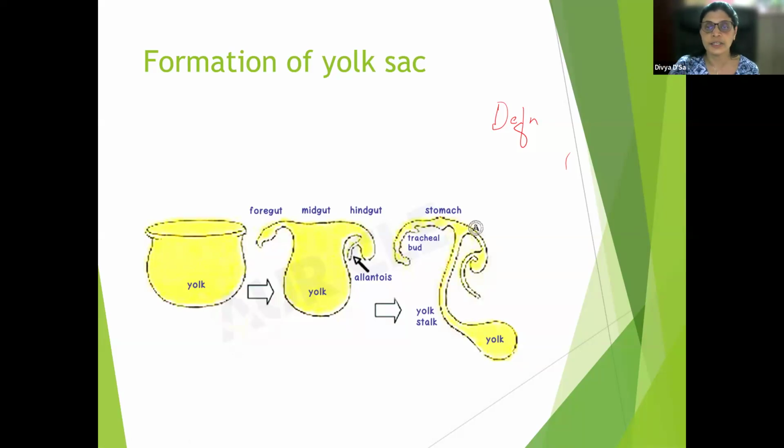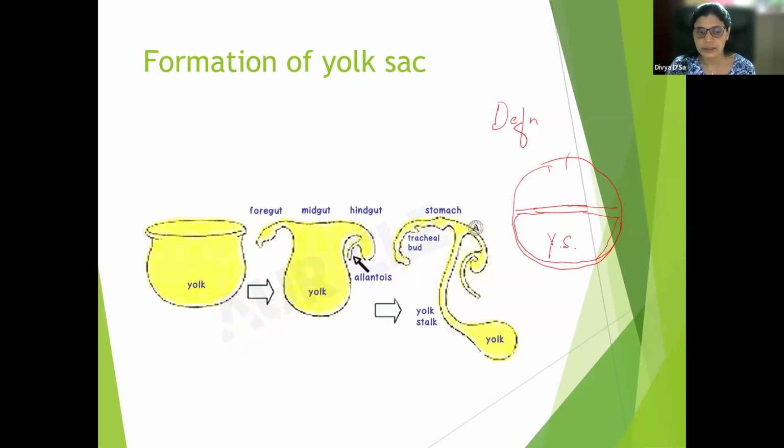If you see 2 layers, this is the ectoderm, this is the endoderm, and outside is the cavity. From this endoderm, cells migrate all around and form what we call the Heuser's membrane, and this cavity becomes the yolk sac. This is the primary. These flattened cells we call the Heuser's membrane.